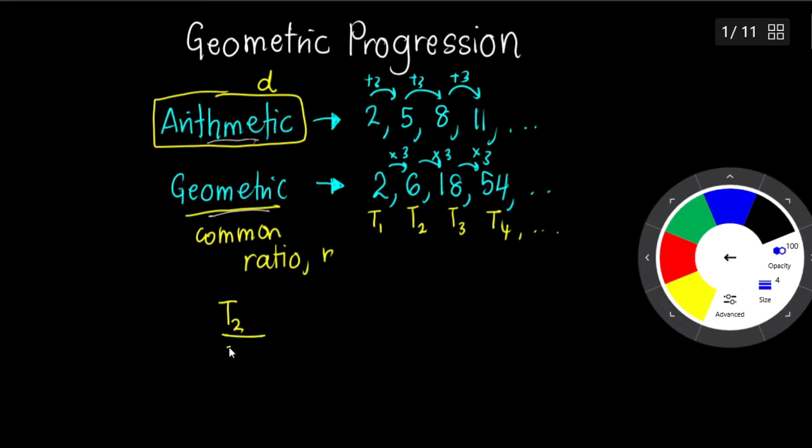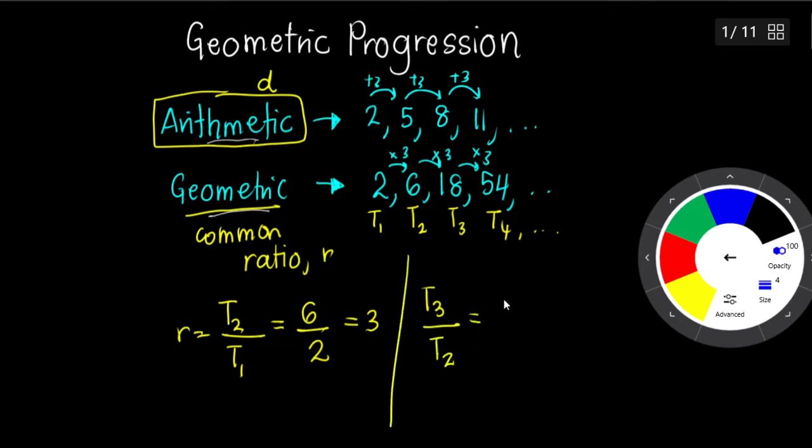Take the second term, divide the first term. In this case, we take 6 divide 2. This is our common ratio, so the R is 3. Or you can also take the third term, divide the second term, or take 18 divide 6. Also you get 3.